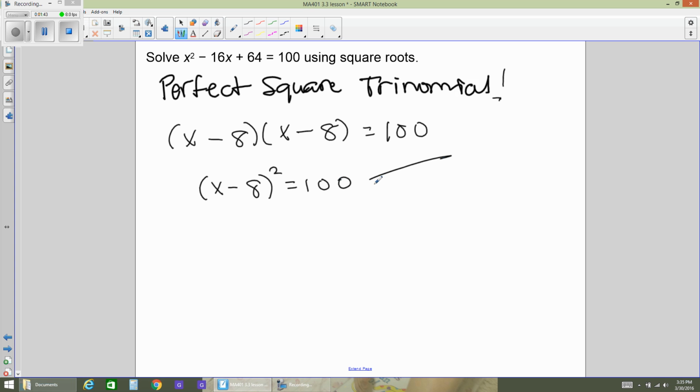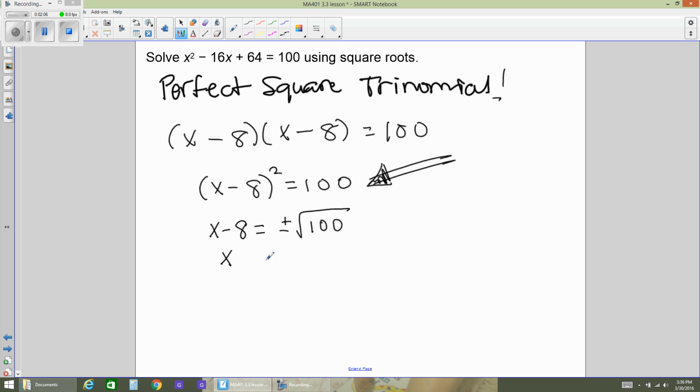Now this, I can totally solve using square roots. In fact, pretty quickly. So I'm going to go ahead and square root both sides. So I get x minus 8 equals plus or minus the square root of 100.